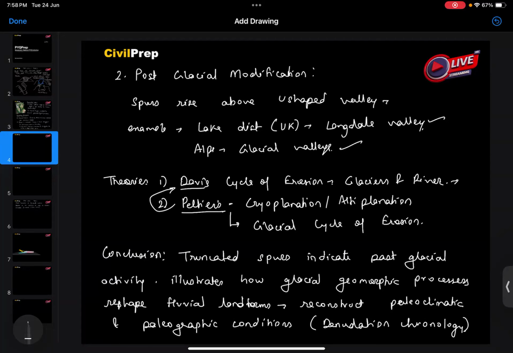So this is one of the answers which we can write. We can take concepts from this part and we can attempt this PYQ in this manner.